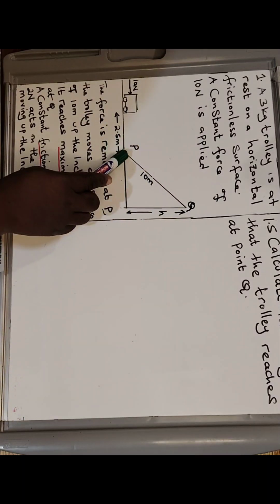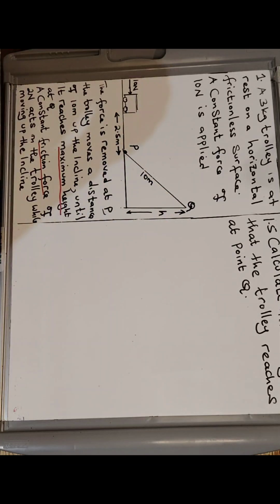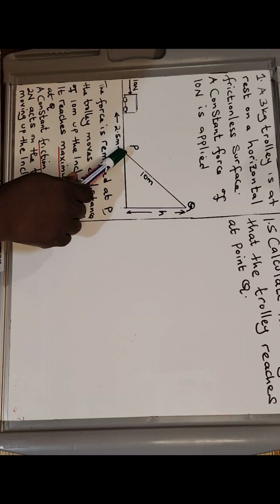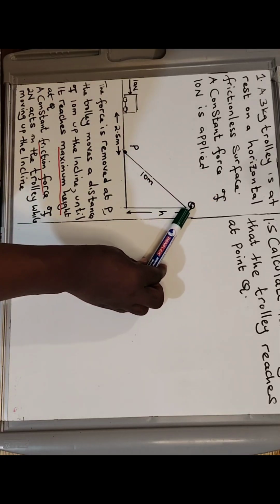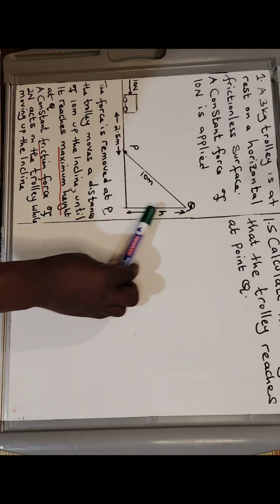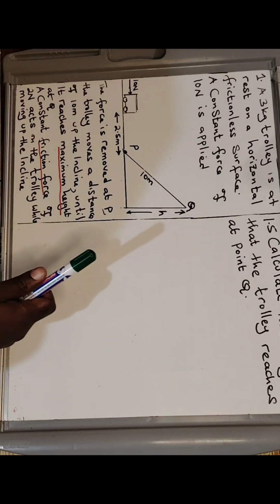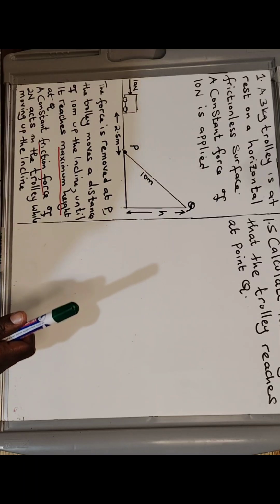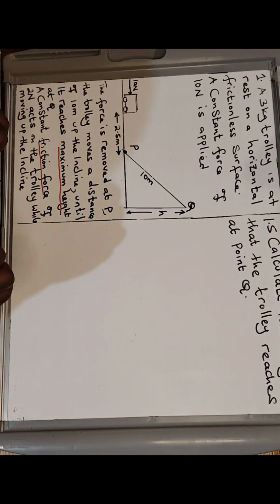The trolley is going to be moving from P to Q, covering this distance and covering a height h. There are several approaches you can use on this question, but let us use the one which we think is easier and sustainable.